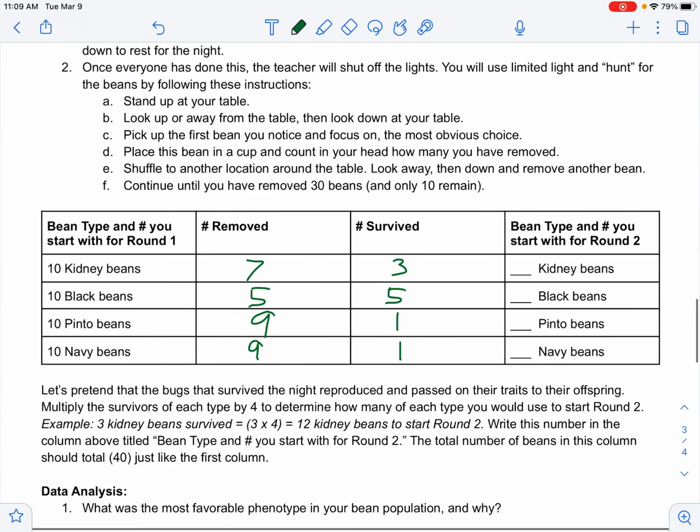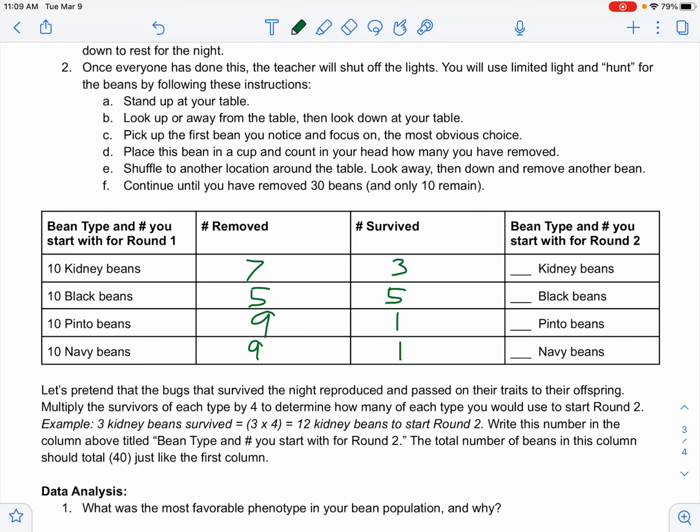Okay, so the population that remains, those beans would survive and live another day or a week or a month or whatever, and then possibly be able to reproduce and pass their traits on to their offspring. So our offspring would theoretically have phenotypes similar to the parents.